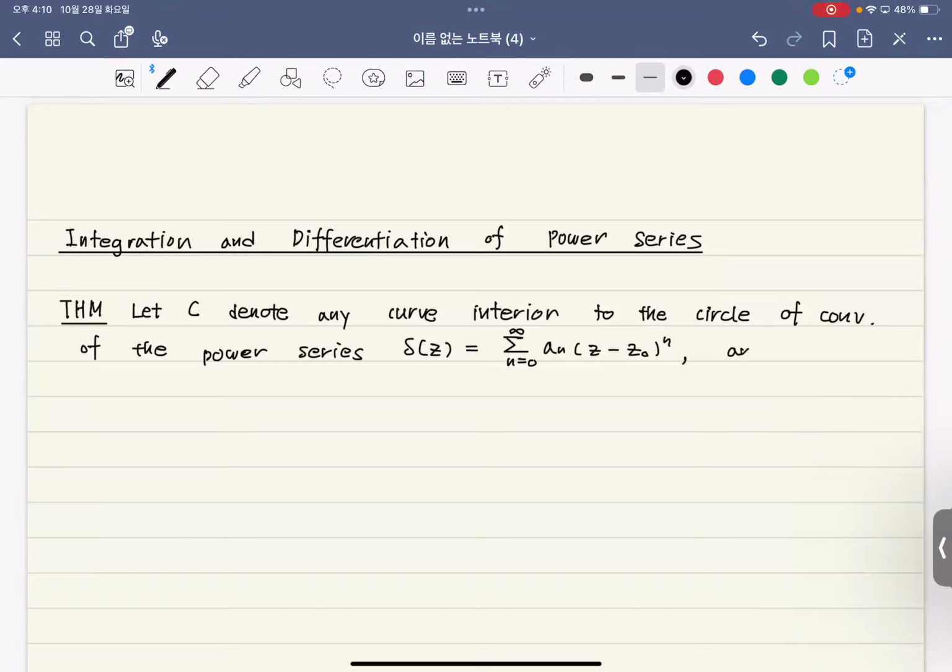And let me say g of z is any function that, since we are talking about integration, we require to be merely continuous on this curve C. Then we have this.